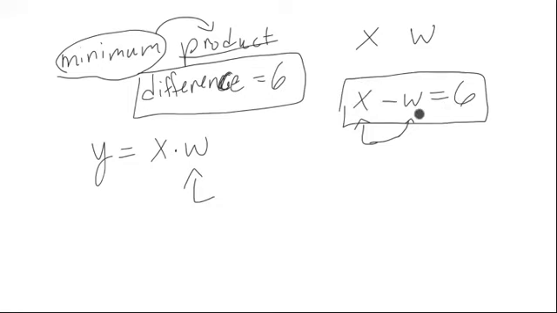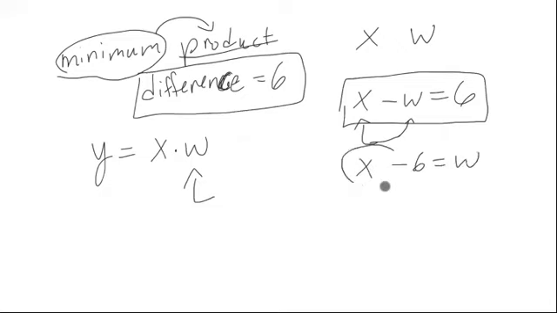Now let's use this to solve for w, because we need something to replace w with. So we better solve for w here so that we have something to replace w with over here. Okay, well, I'm going to add w to both sides and then subtract 6. And I end up getting x minus 6 is equal to w.